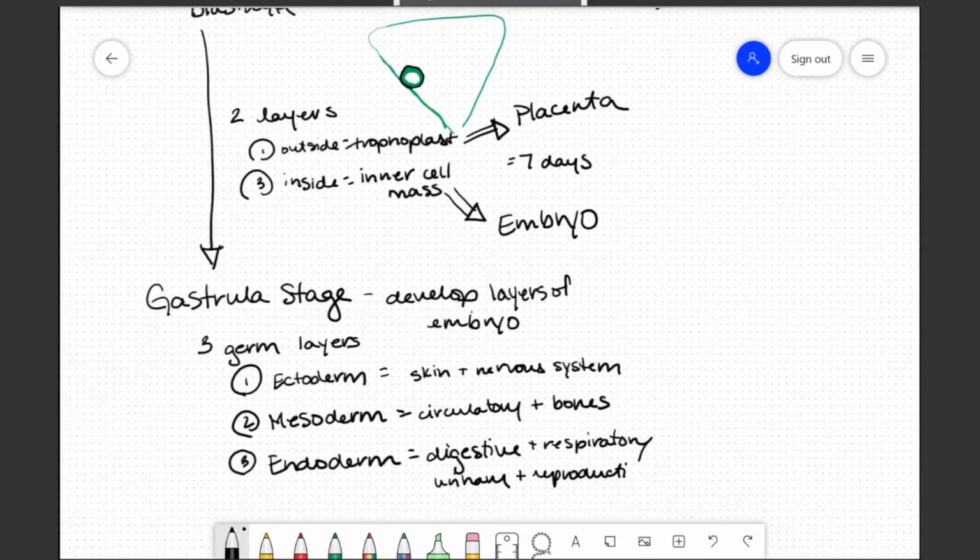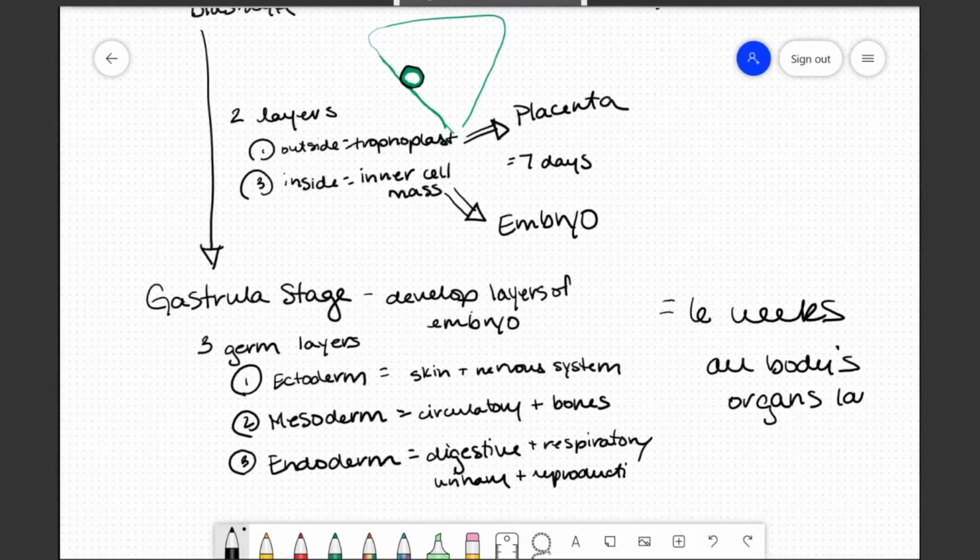Between that and your gastrula stage, where you have developed all of these layers, this will be at 6 weeks. So that means by 6 weeks, you will have all of the body's organs laid out and developed.